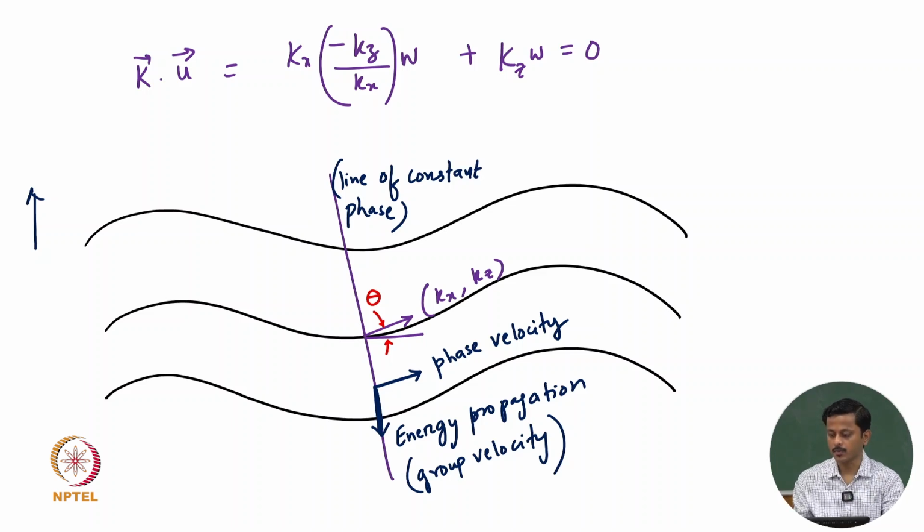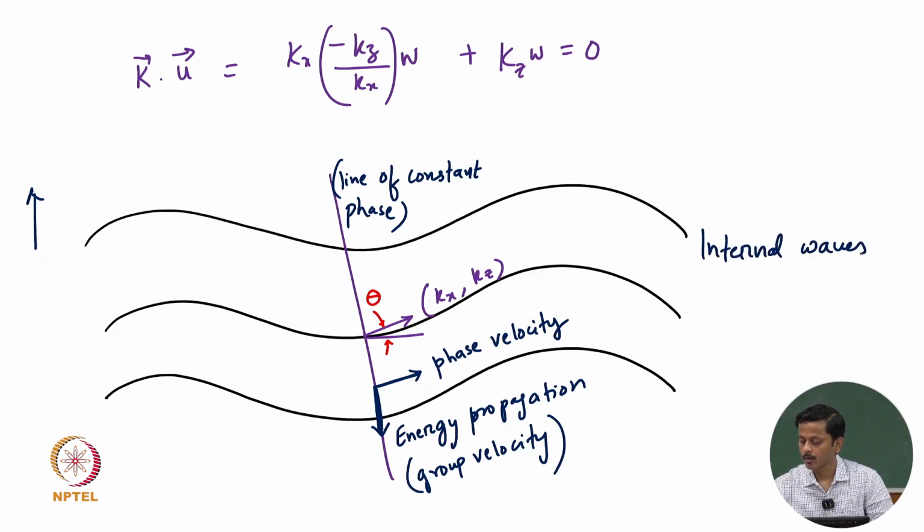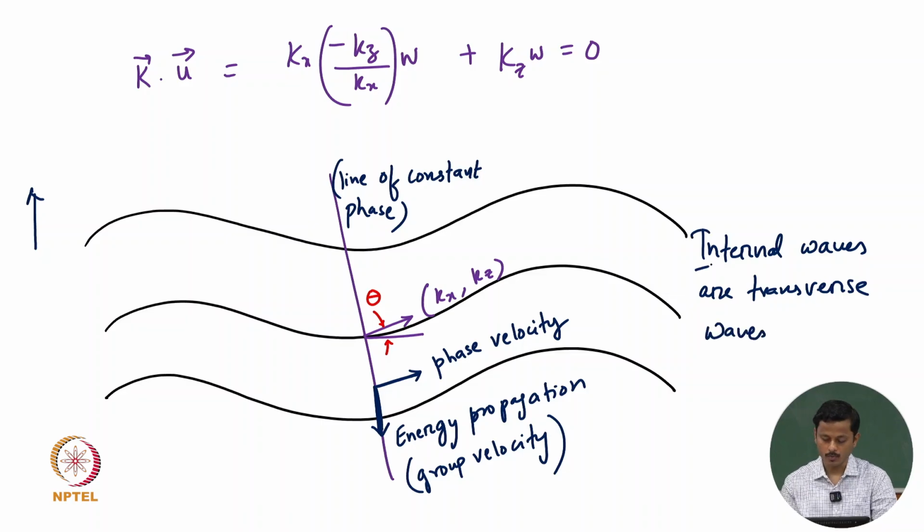Internal waves are transverse waves, and this is a consequence of incompressibility. It's important for us to know the direction of the phase velocity is perpendicular to the direction of the group velocity, that is the energy propagation. Okay.